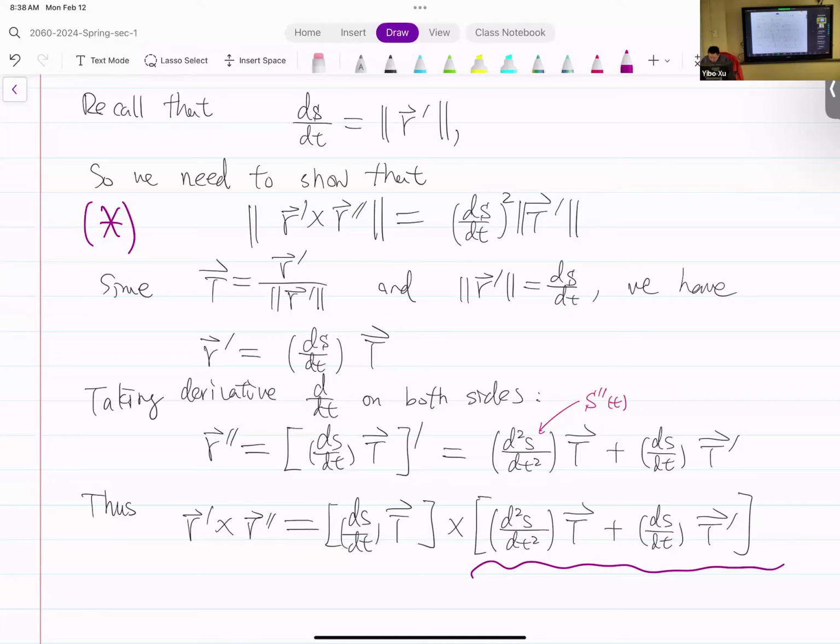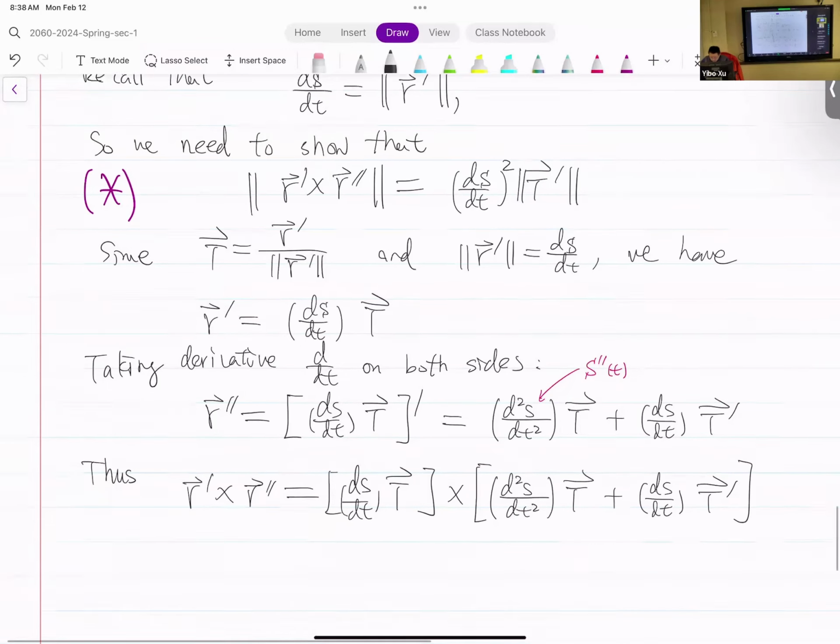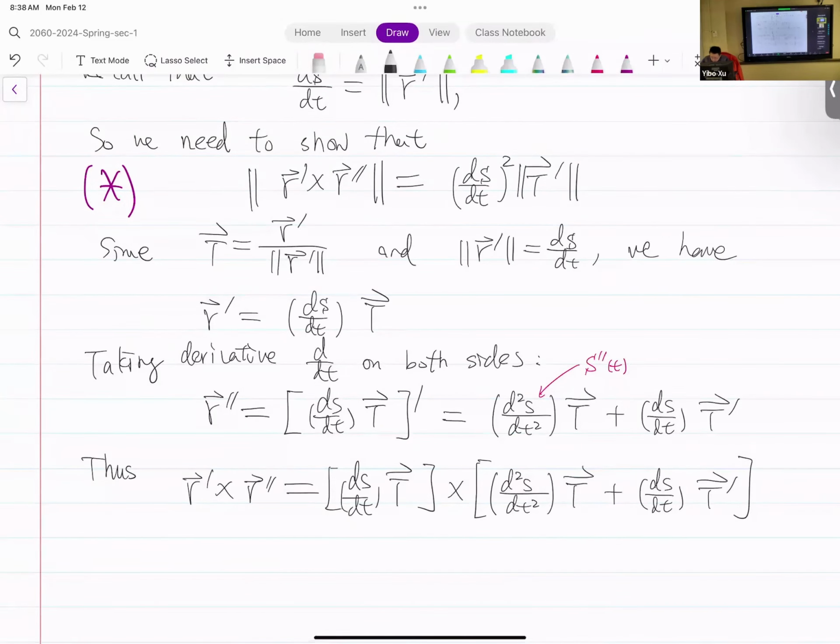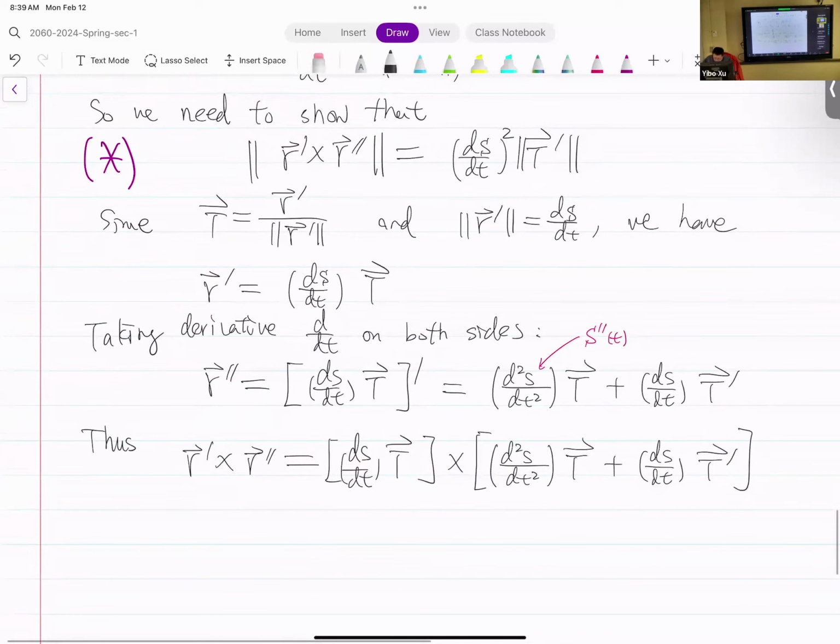At the same time, you notice that T cross T, capital T crossing with itself, is just going to give you a zero vector. Okay, so that's very nice. And we also know the relationship between T and T prime. We know that they are orthogonal. So let's do the distribution.